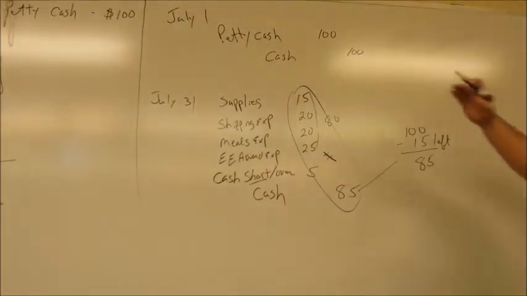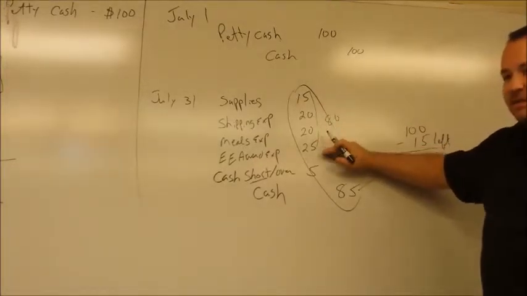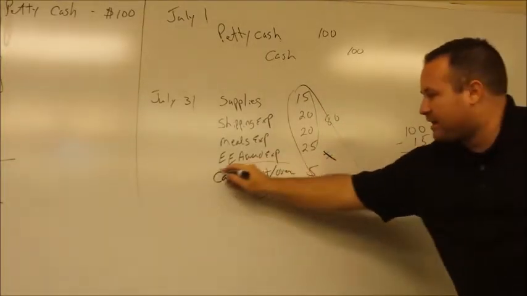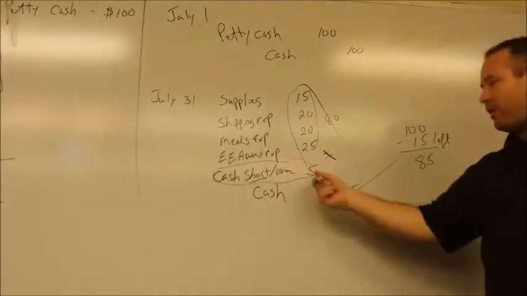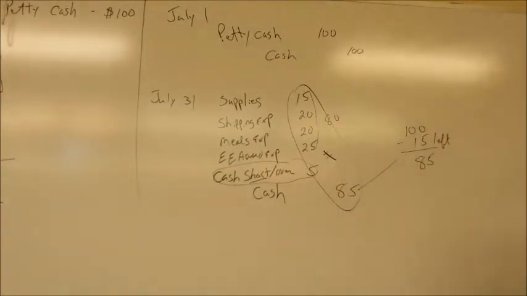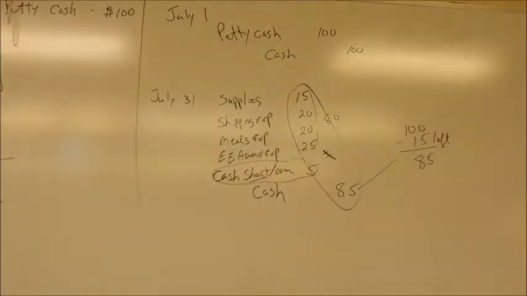We had 80 in known expenses. This one's kind of, I don't know what happened to it. So you don't ever want this cash short and over to be a big number. That's bad. Cash short and over, that's an expense. Yep, expense.